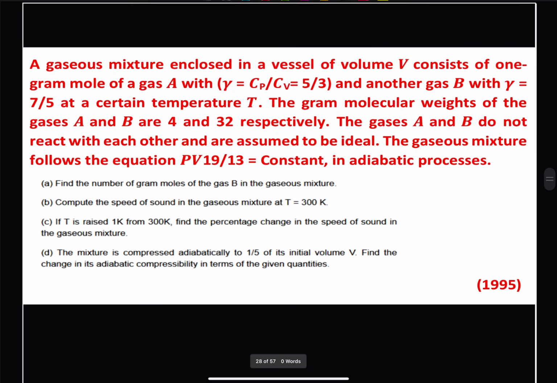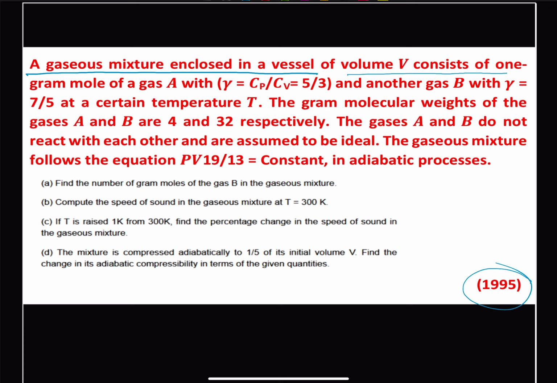Next question. It was asked in the year 1995, and it states that a gaseous mixture enclosed in a vessel of volume V consists of 1 gram mole of gas A with gamma, that is Cp by Cv, as 5/3, and another gas B with gamma as 7/5, at a certain temperature T. The gram molecular weights of gases A and B are 4 and 32 respectively.